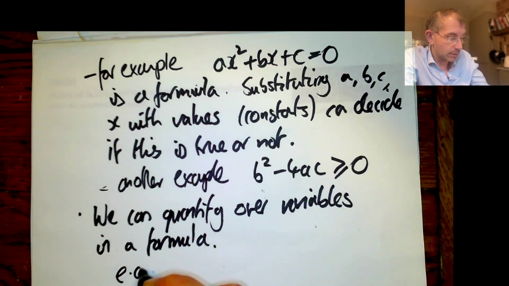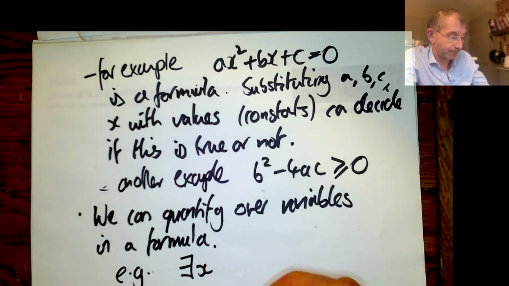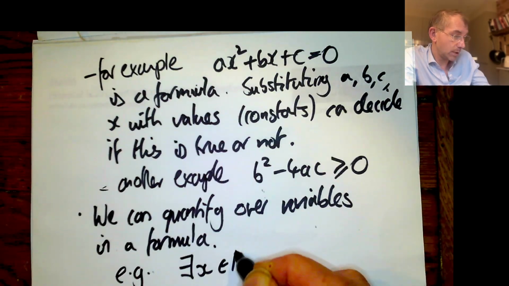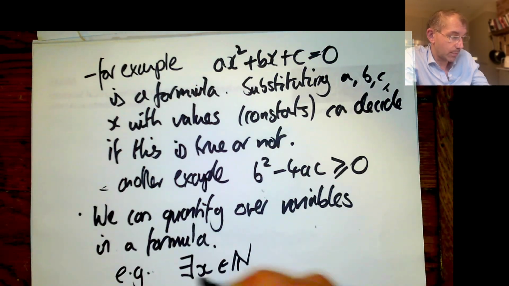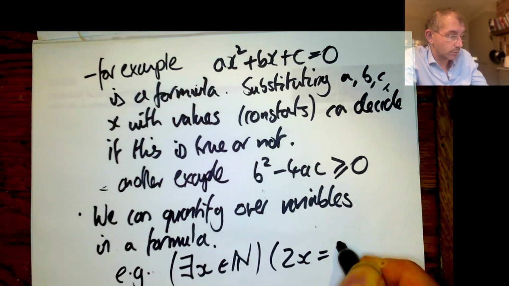So let's give an example. There exists x, let's take a natural number. There exists x in the natural numbers such that 2x equals 4.